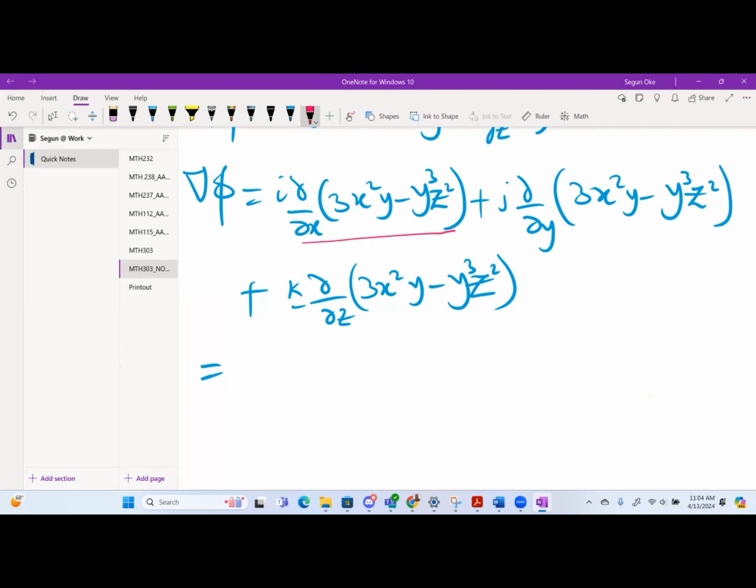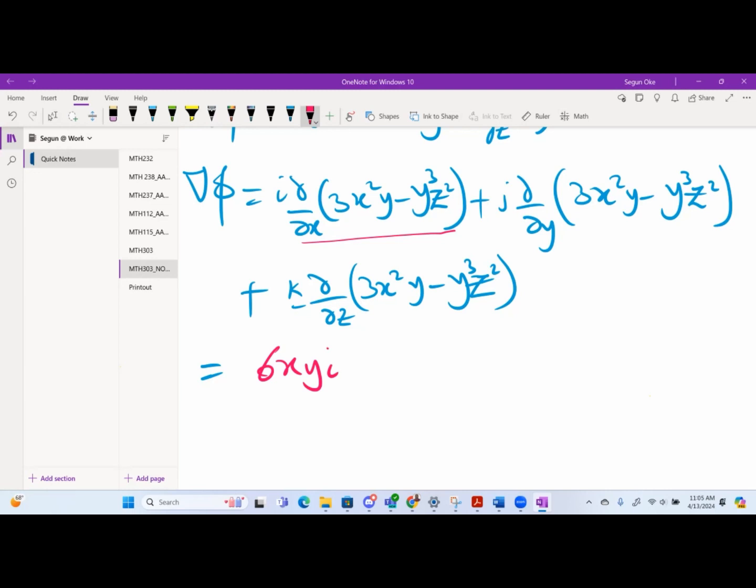Is that all? Minus y cubed z squared, no, that's for j. For i, differentiating gives 6xy. Do we all agree? Yes, sir.